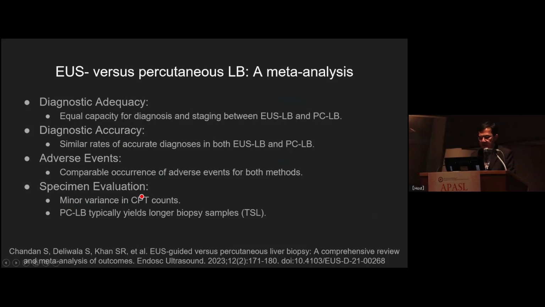However, in specimen evaluation, percutaneous liver biopsy typically gives a longer specimen and is a little bit better in terms of complete portal tracts, which makes sense because when we do EUS-guided liver biopsy, we get more fragmented specimens than percutaneous liver biopsy.